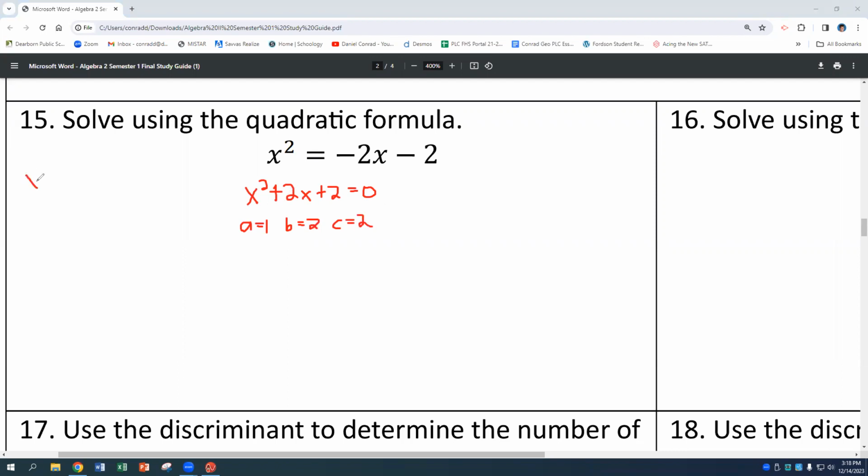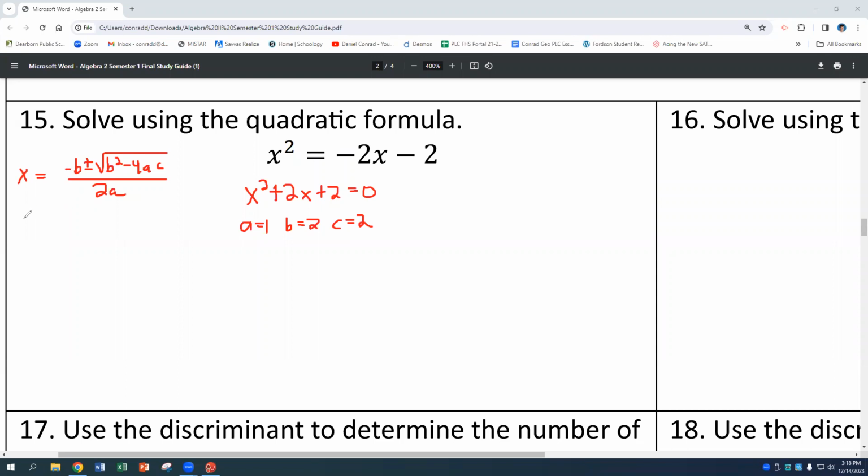So we're using that quadratic formula. So it's going to be opposite of b plus or minus square root b squared minus 4ac all over 2a. So it's x equals.